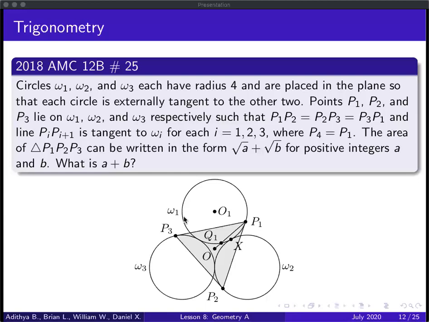That means the power of O with respect to omega 1 is just OX squared, because OX is tangent. Now it remains to figure out what OX is. Does anyone have any idea what OX is equal to?